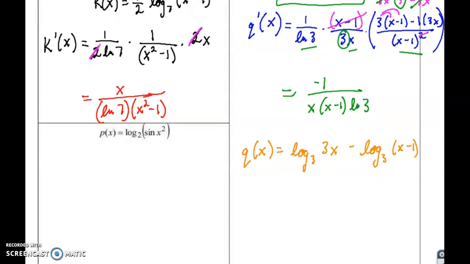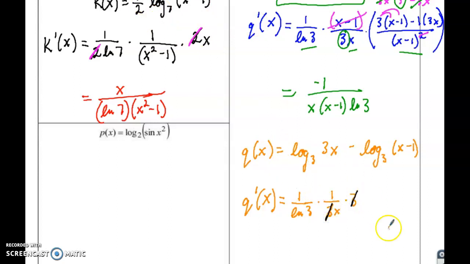And now if you did the derivative of that, isn't math just a beautiful thing? It's 1 over natural log of 3 times 1 over 3x times 3. Well, you can see some 3's cancel out there as well.